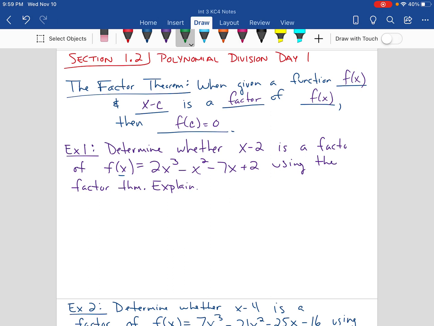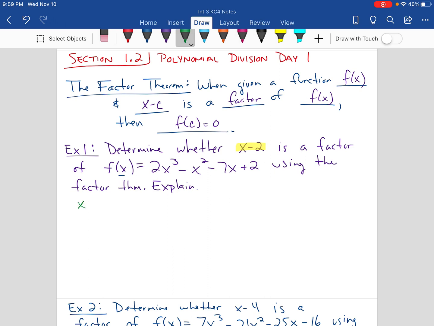Okay, so example number 1 says, determine whether x minus 2 is a factor of f of x equal to 2x to the third power minus x squared minus 7x plus 2 using the factor theorem, and explain. Okay, so what we're going to do here is that they give us that the factor is x minus 2.